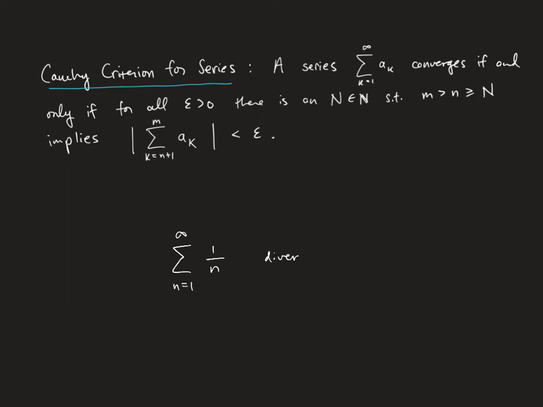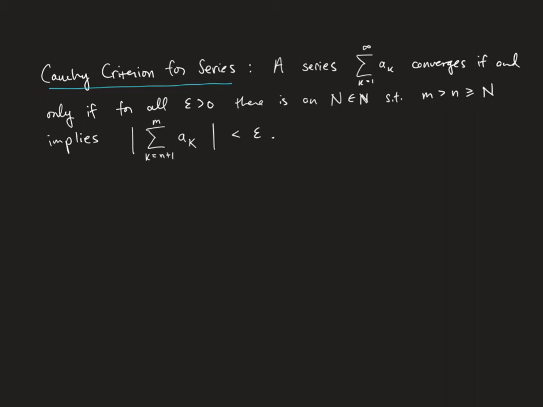This diverges even though the terms 1 over n are going to 0. But this says that if the series is converging, then the terms must be going to zero. It doesn't say the terms going to zero implies convergence. It's the other way around.